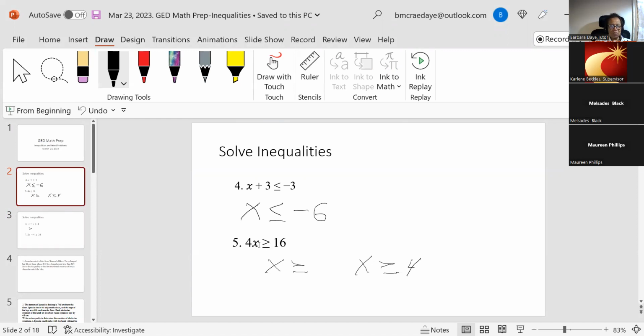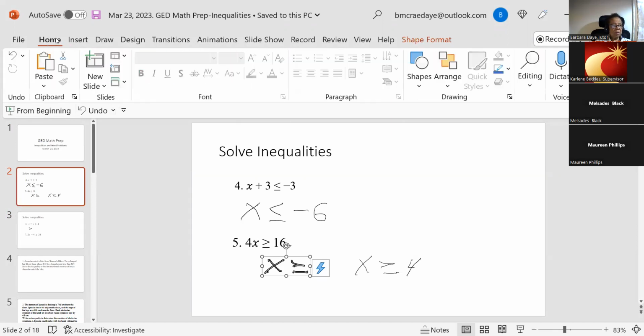Number 5, you divide by 4, like you said, Mercedes. So x greater than or equal to 16 over 4, which is 4. You can go right back. Thank you. Just cut that. Okay. All right, let's go to the next one.